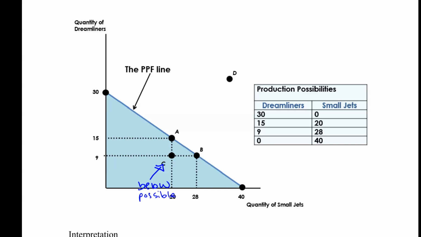Because that's less than what we could produce at a maximum. Anything on the line is the most we can produce. So on the line is the most. And then outside or above, we cannot. So not possible.